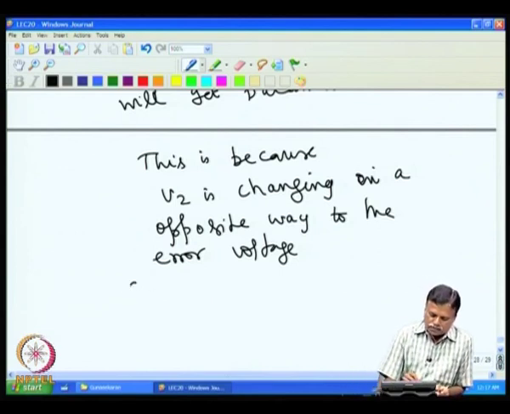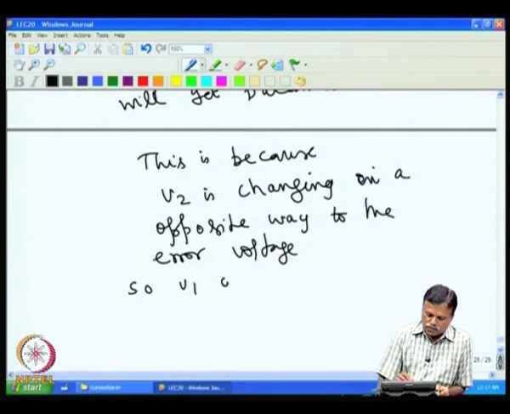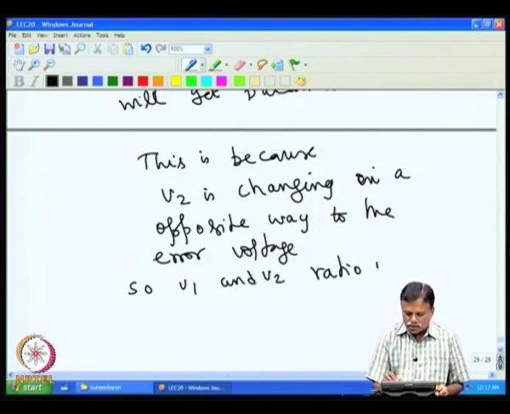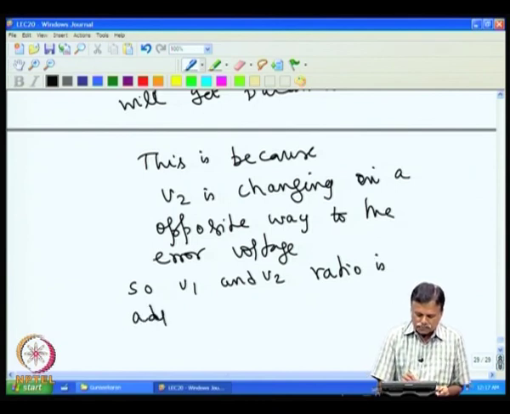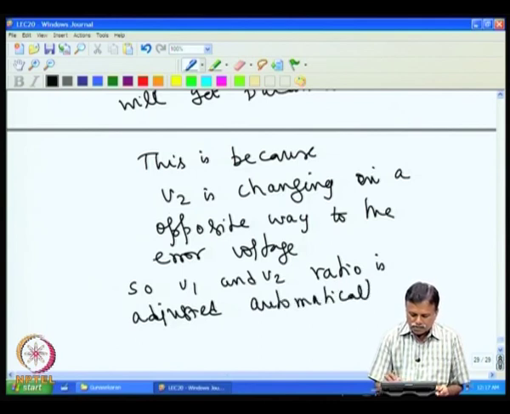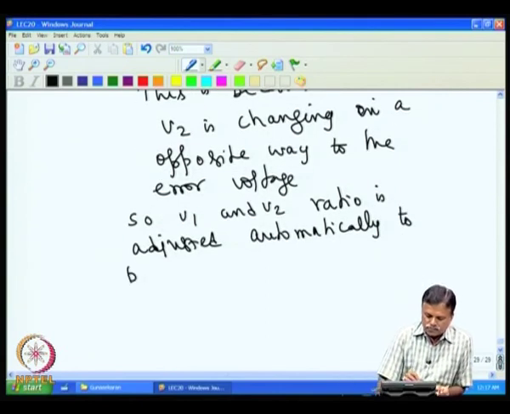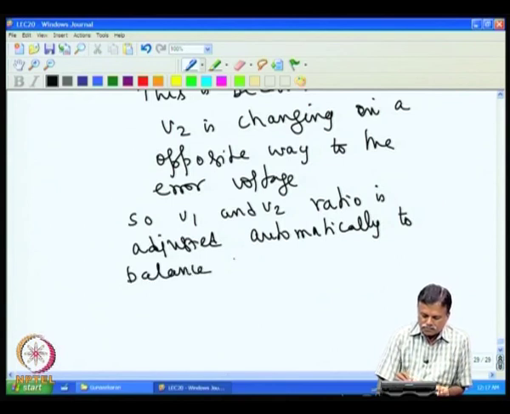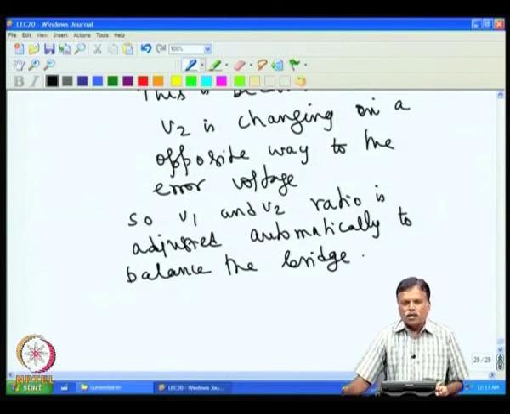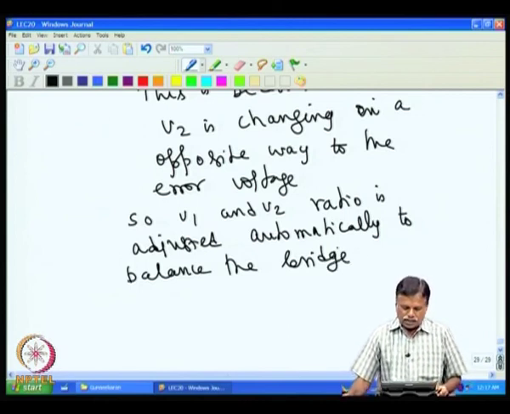So, the V1 and V2 ratio is adjusted automatically to balance the bridge. So, automatic balancing is achieved, and the V1 and V2 ratio gets automatically adjusted.